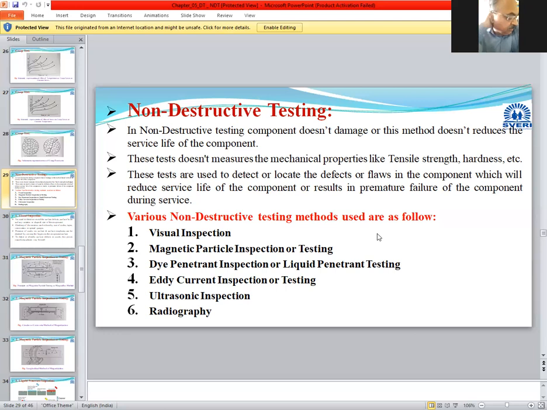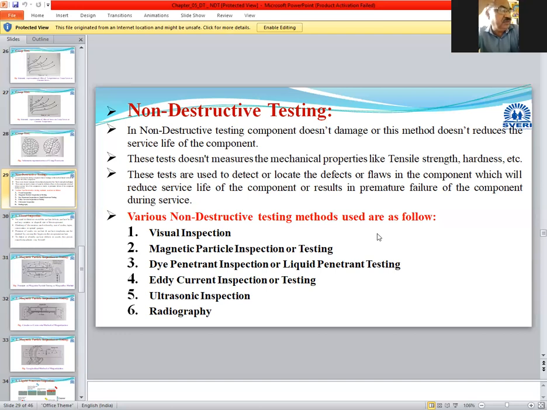In destructive testing, we have seen the tensile strength, how to measure it on the universal tensile testing machine. Initially prepare the specimens, and after this we went through the next test, that is the fatigue test.